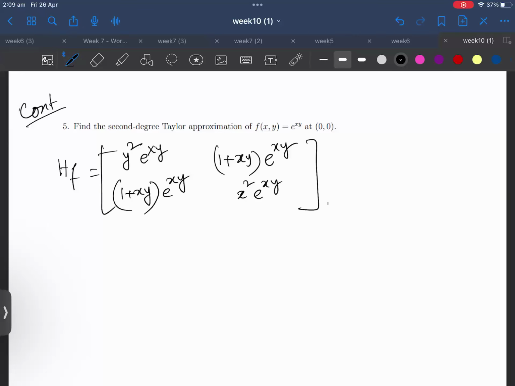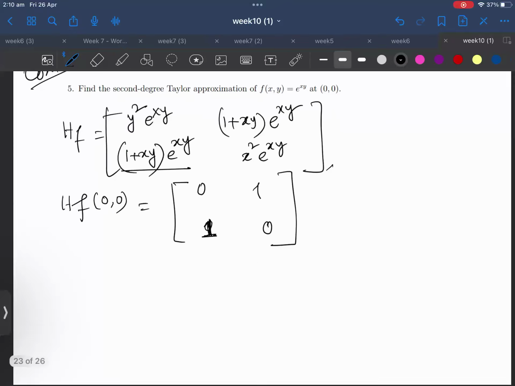So HF at (0, 0) we could get is, sorry, this is 1, 1, and here is 0.